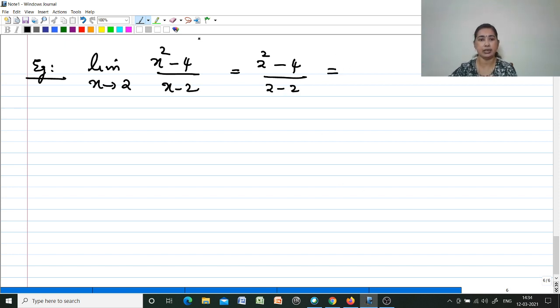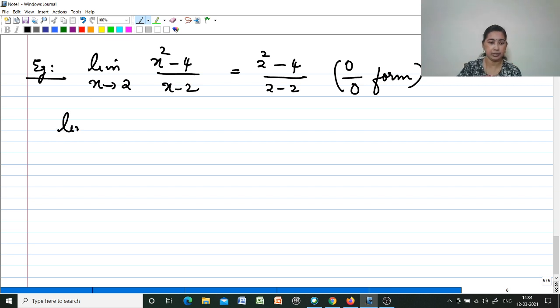Both numerator and denominator we are getting as 0. If it is in 0 by 0 form, either we have to go for factorization or substitution or rationalization. So which one should be used here?